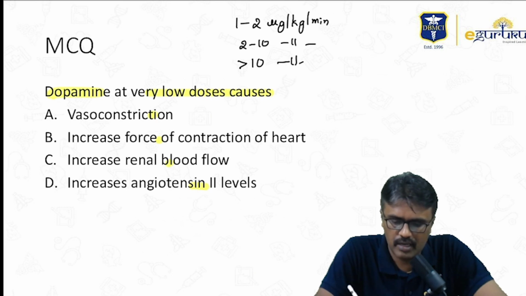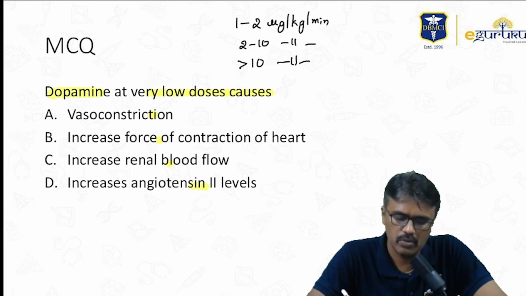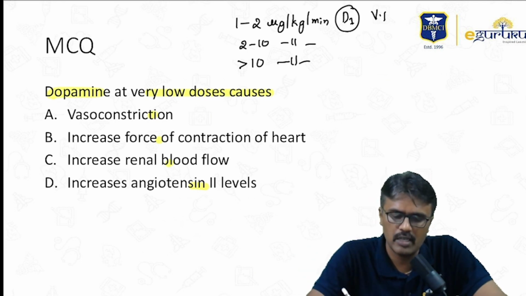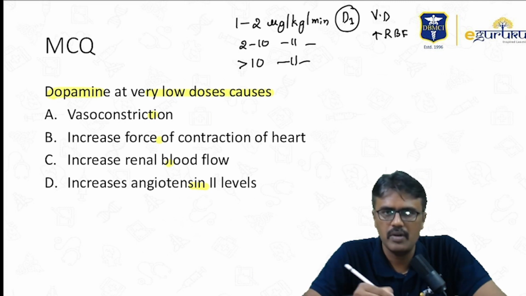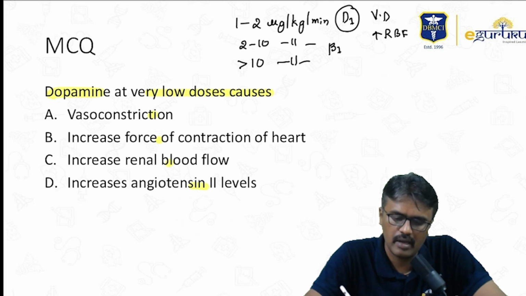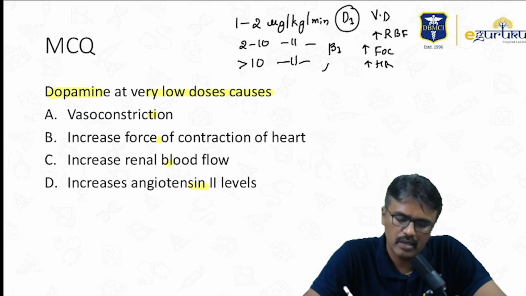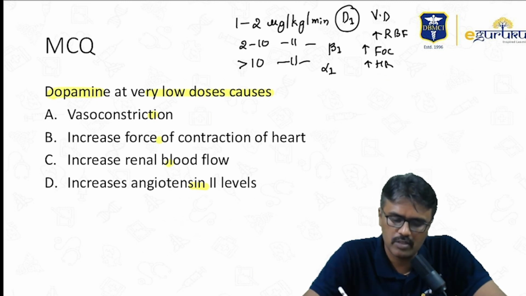Now if you use it at these levels, 1 to 2, it will act on D1, and D1, you know that they are present in renal blood vessels, so which will cause vasodilation and they increase renal blood flow. 2 to 10, it acts on beta 1 and it increases the force of contraction and it increases the heart rate and conduction. Now more than 10, it will act on alpha 1 and cause vasoconstriction.